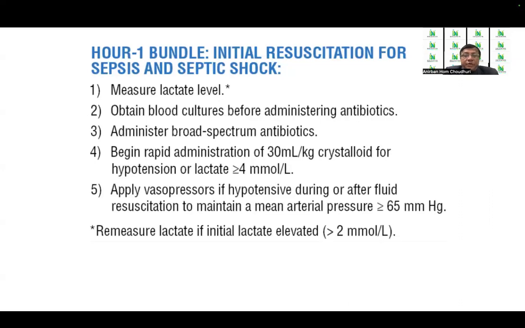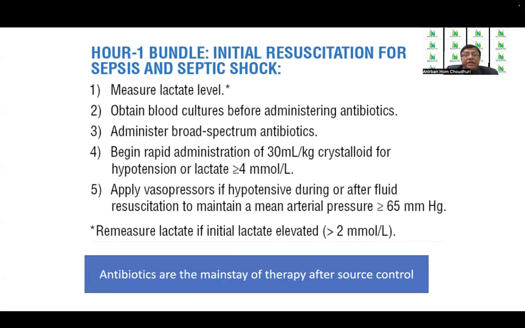Obtain blood cultures before administering antibiotics. Administer broad spectrum antibiotics. Begin rapid administration of 30 ml per kg of crystalloids for hypotension or lactate more than or equal to 4 millimoles per liter, and apply vasopressors if hypotensive during or after fluid resuscitation to maintain the mean arterial pressure of more than 65 millimeters of Hg.